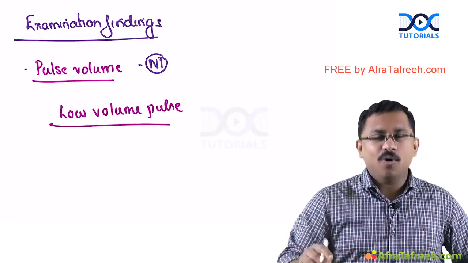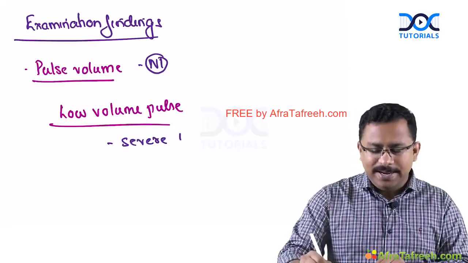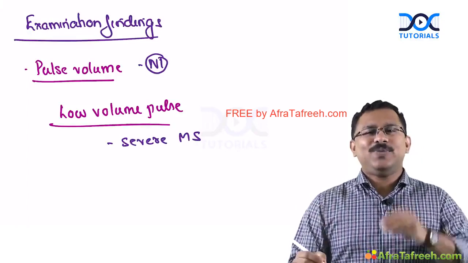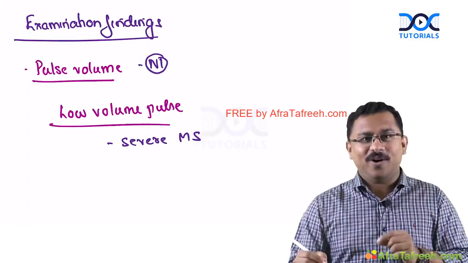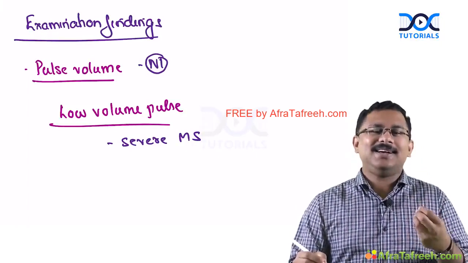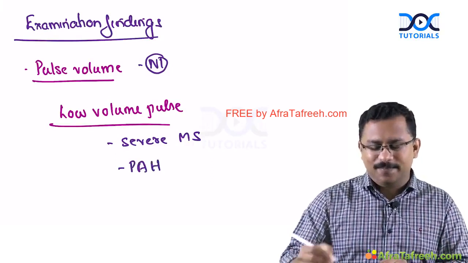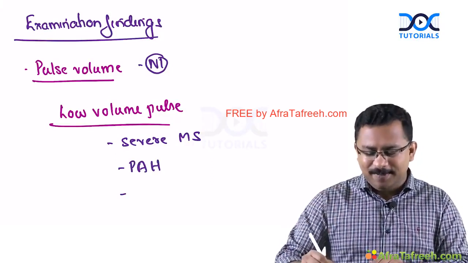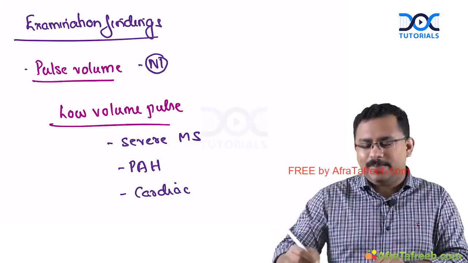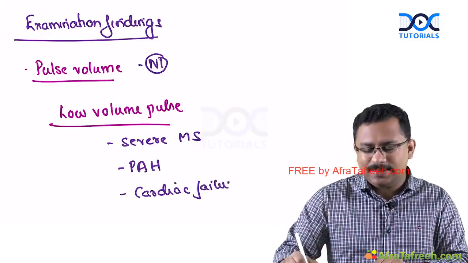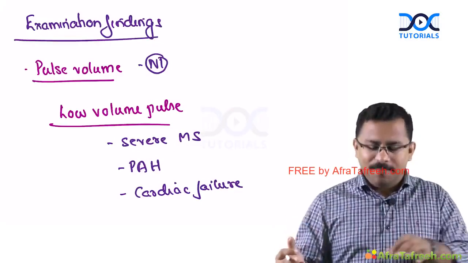A low volume pulse is usually seen with severe mitral stenosis, when there is a reduction of the stroke volume. It is also associated with pulmonary arterial hypertension, and when the mitral stenosis is decompensated, maybe by some infection, leading on to cardiac failure, you can also have a low volume pulse.